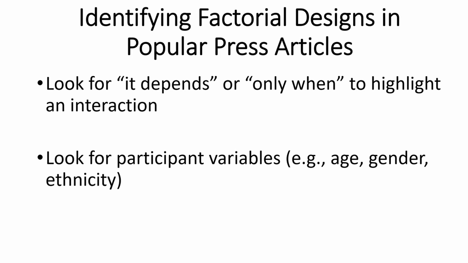So we could say something like, older adults took longer to brake while talking on a cell phone, whereas younger adults didn't show that decrease in driving ability. Because we're looking at two levels of a participant variable, the two ages, and comparing their ability on something, that's another indicator of a factorial design.